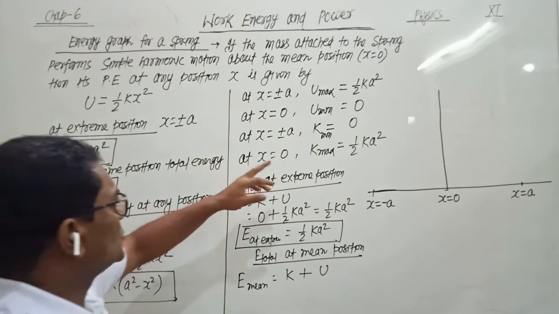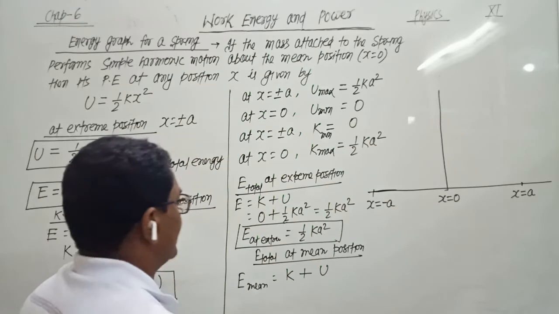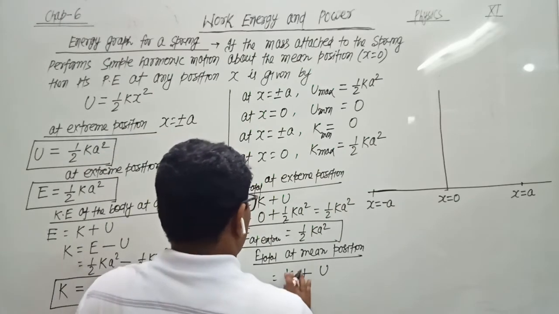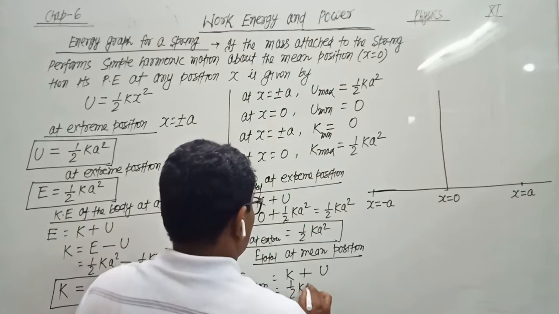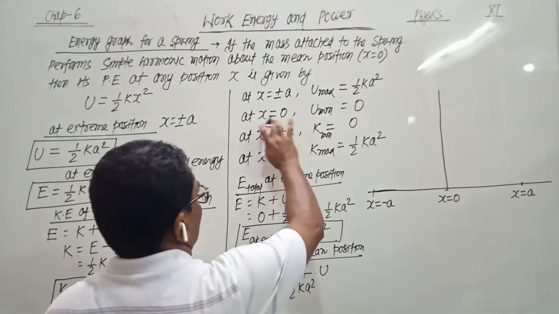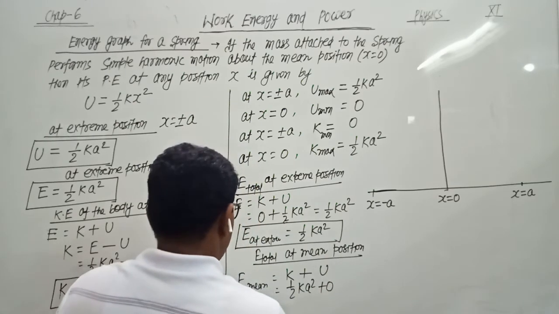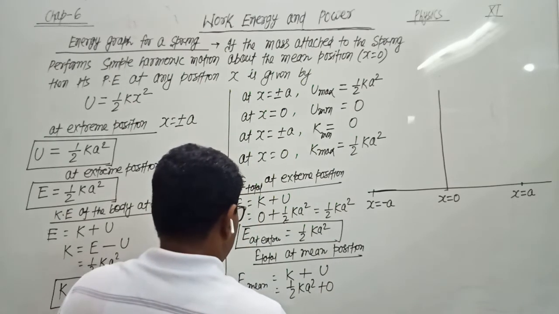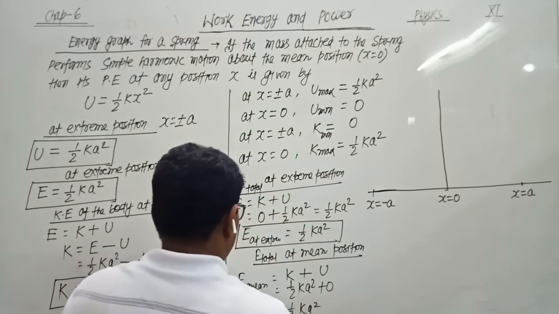At the mean position, x equals 0, the kinetic energy is 1/2 kA², and the potential energy is 0. So the total energy at the mean position is again 1/2 kA².